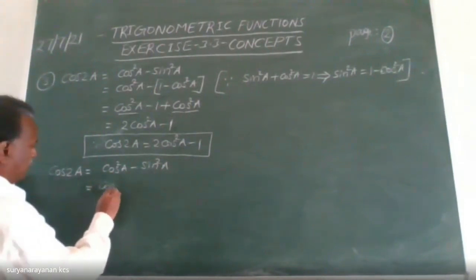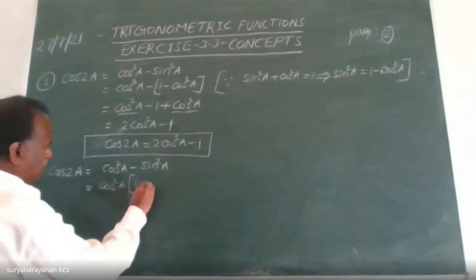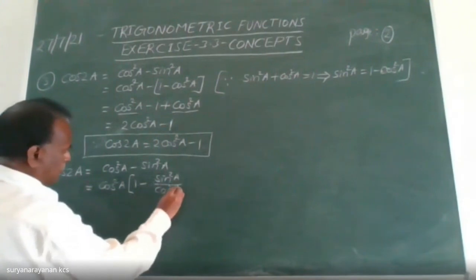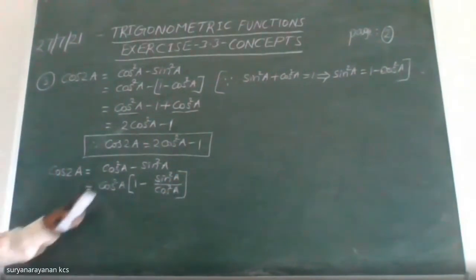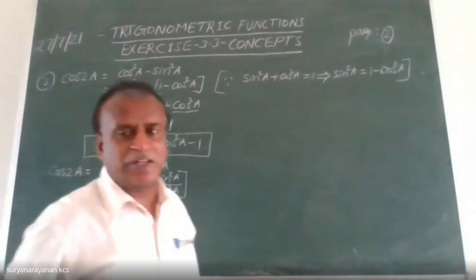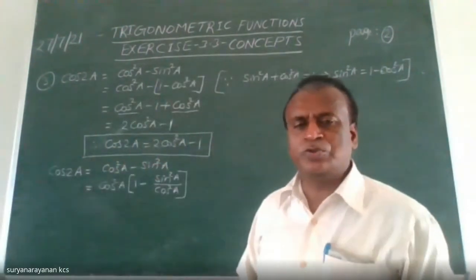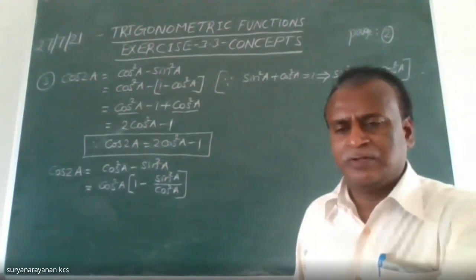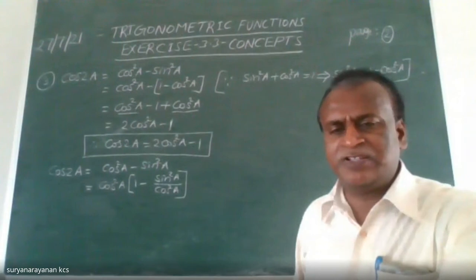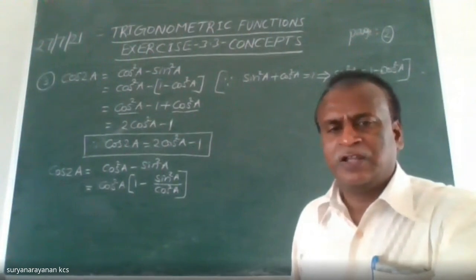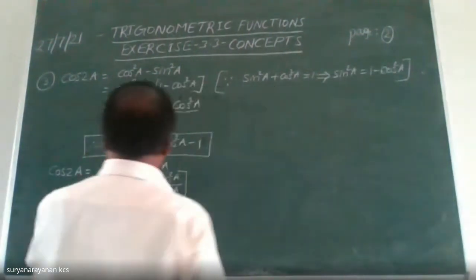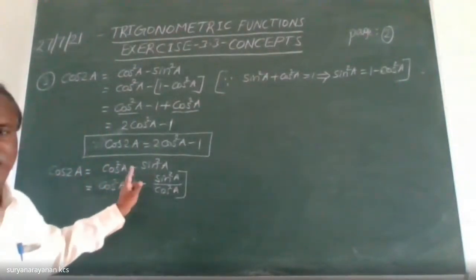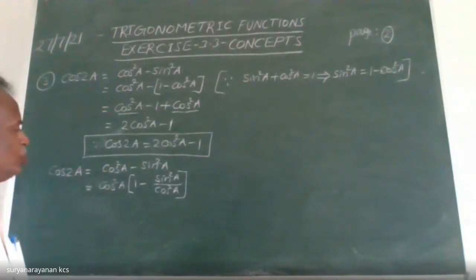Cos square A into 1 minus, yes or no? Can we write this one as cos square A into 1 minus sin square A by cos square A? If you simplify these terms, again we get cos square A minus sin square A. Yes or no? We have just taken out cos square A as a common factor from these two terms.